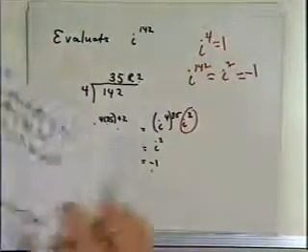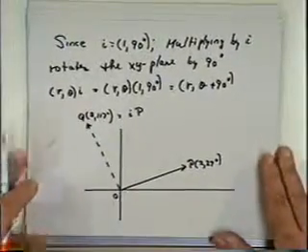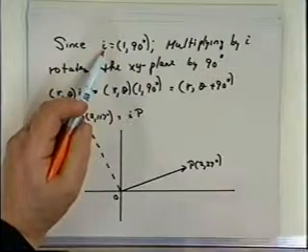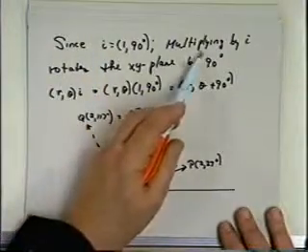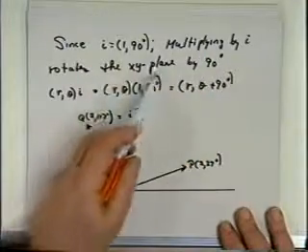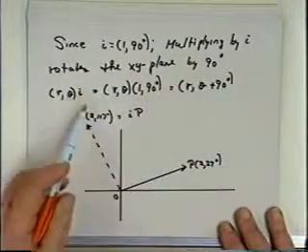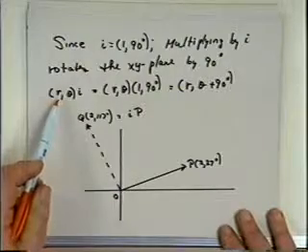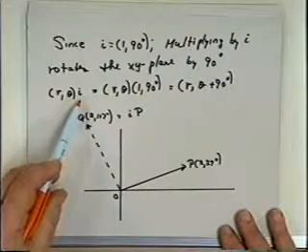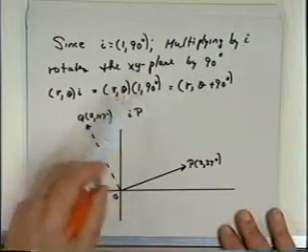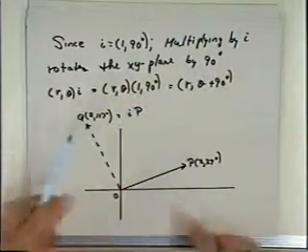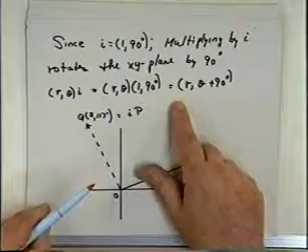But again, just by way of review, remember what we said. What's important about the number i? It's not just that i squared is negative 1. It's that multiplying by i rotates the xy plane by 90 degrees. In other words, let's review again. If r comma theta times i is what? r comma theta times 1 comma 90 degrees. r times 1 gives you r.